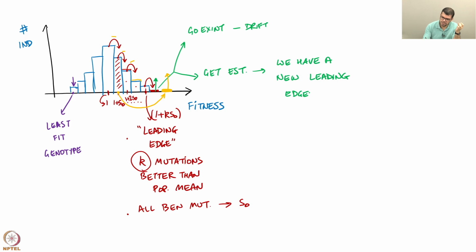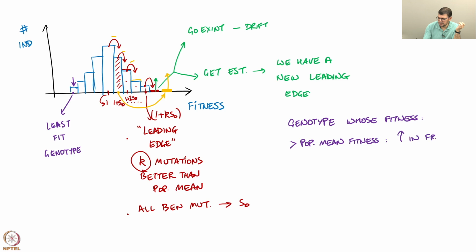The simple result was that any genotype whose fitness is greater than population mean fitness will increase in frequency in that instant, and any genotype whose fitness is less than population mean fitness will decrease in frequency.